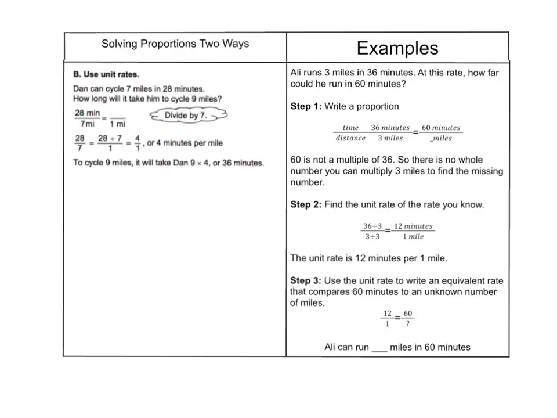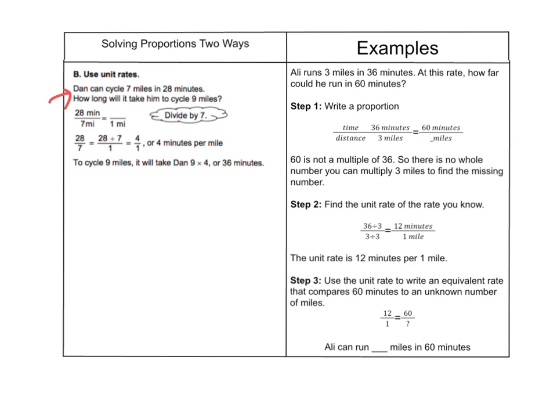The second way to solve proportions is to use unit rates. So in this example over here, Dan can cycle 7 miles in 28 minutes. How long will it take him to cycle 9 miles? So first we're going to get the unit rate, or the minutes per 1 mile.